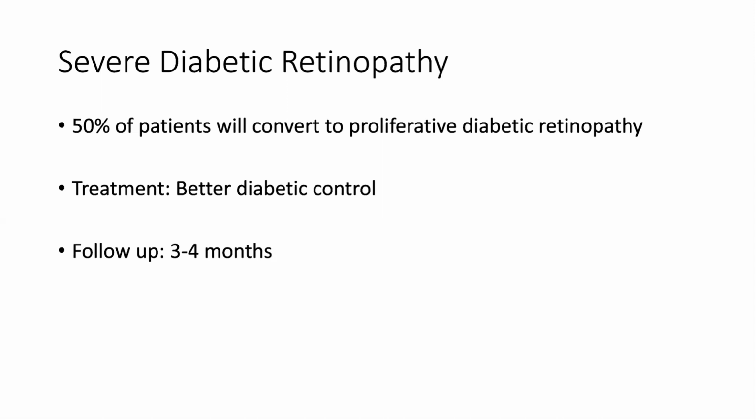So with severe diabetic retinopathy, again, there's nothing we can do eye-wise other than get better diabetic control, work with your PCP, nutritionist, endocrinologist, things like that. But instead of seeing you every 6 months, now you're down to coming in and having to see us every 3 to 4 months.